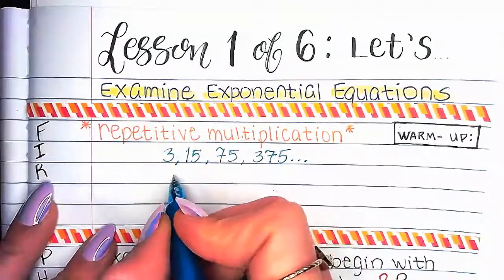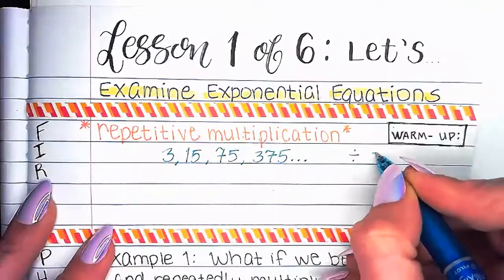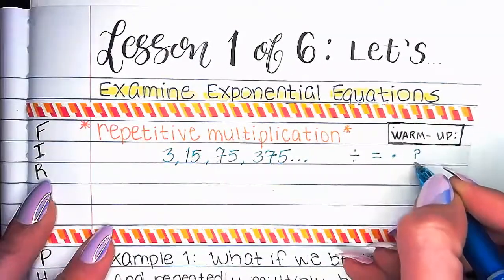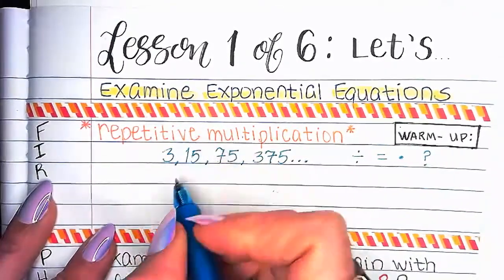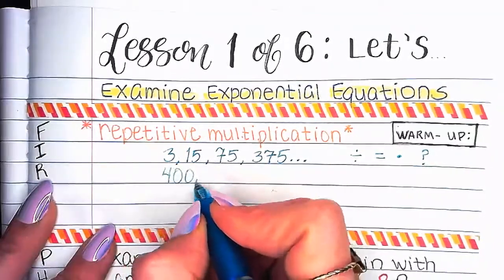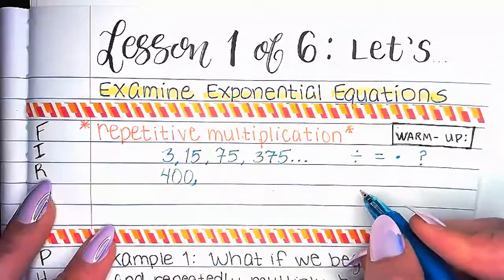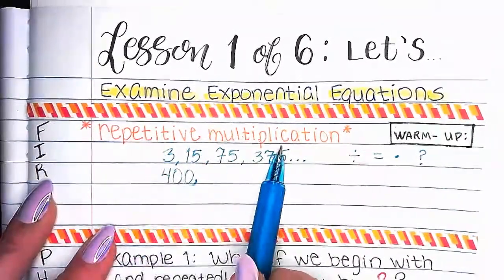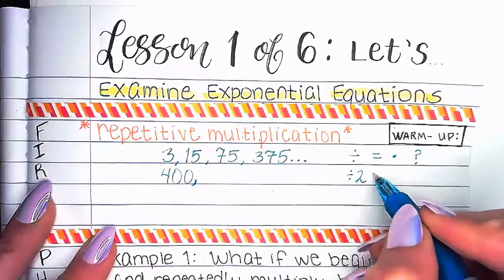What if I wanted to divide by something, though? Is dividing the same as multiplying? What if I wanted to divide a number? Let's say I started with the number 400. What if I wanted to divide by 2 every time? So we're calling this repetitive multiplication. Dividing by 2 is the same as what?